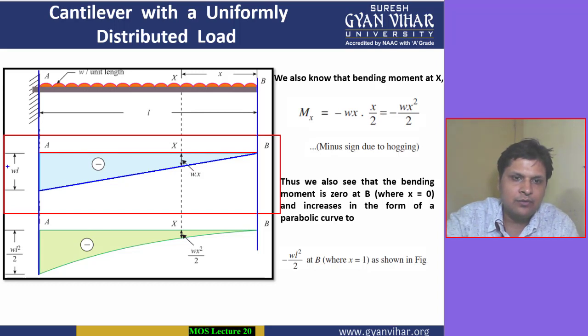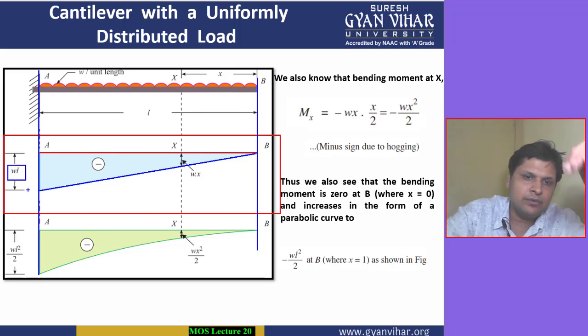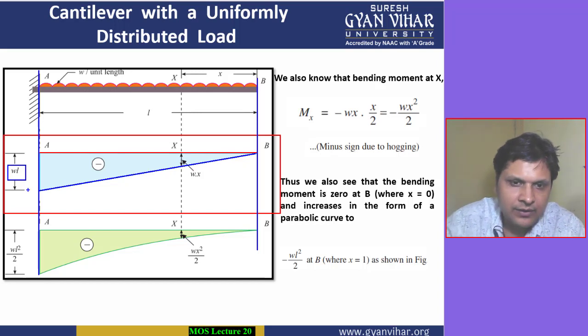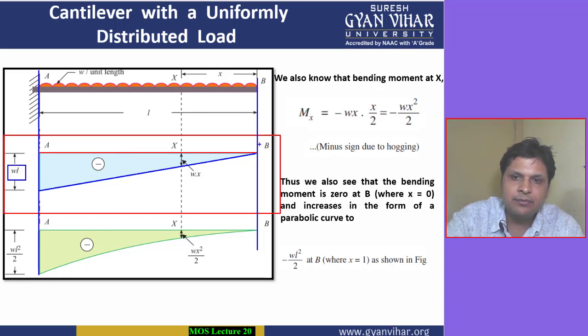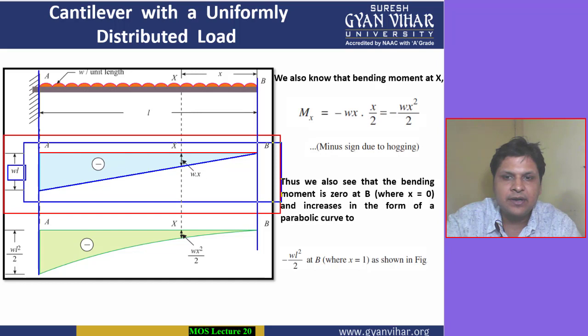So WL, since it is negative, will be drawn on the downward side of line AB, and we will join the shear force value at B and the shear force value at A with an inclined line. So this is the shear force diagram, students.